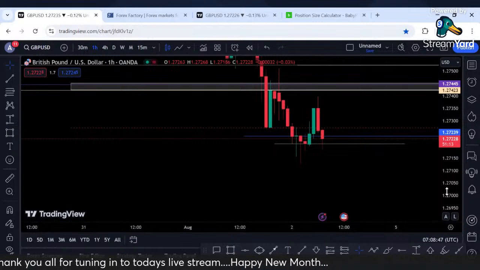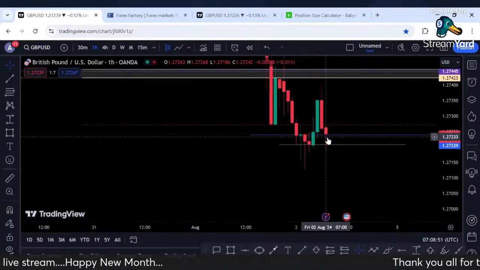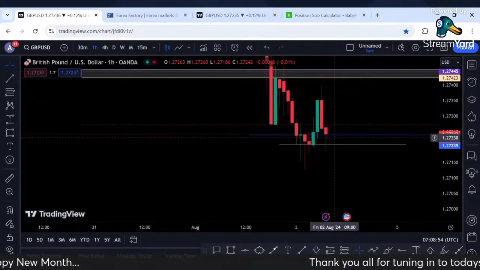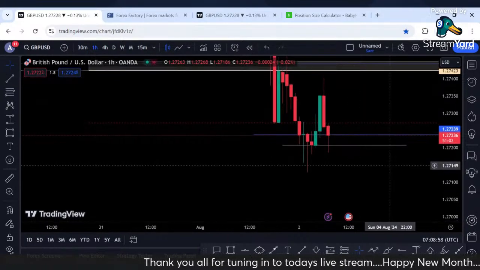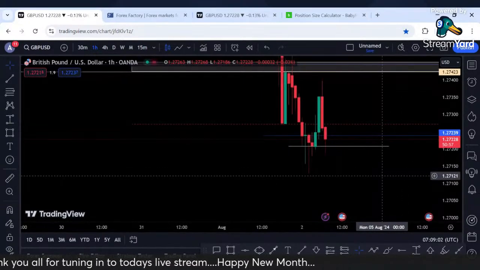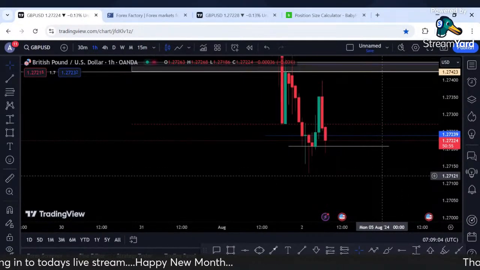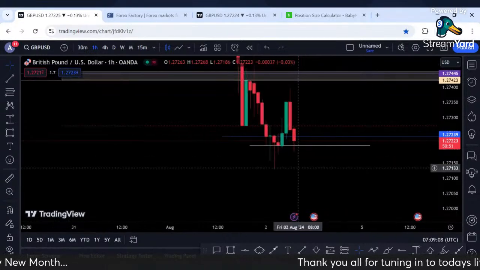But for now, there's no sell for me because there is a lot of consolidation over here. So you see the candle is waking up. So always put yourself in the best position to win.